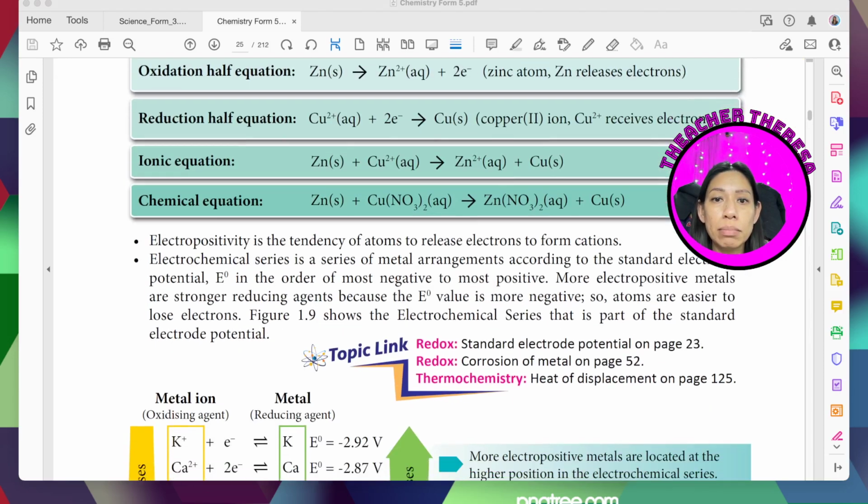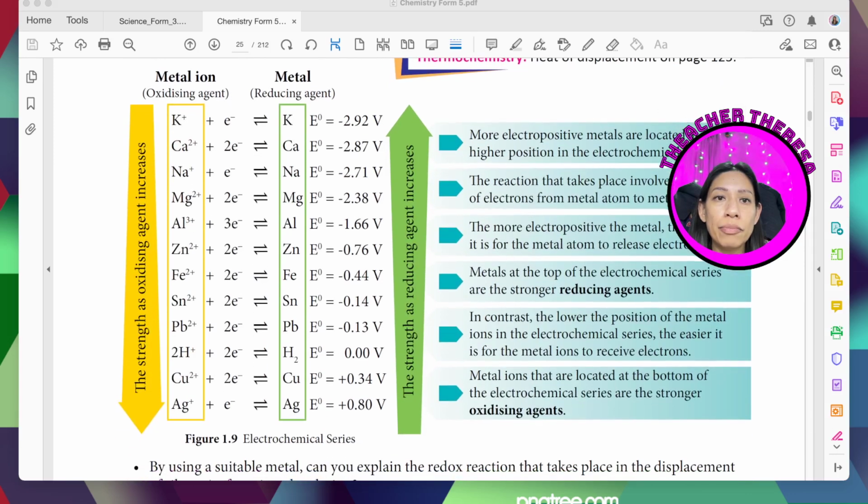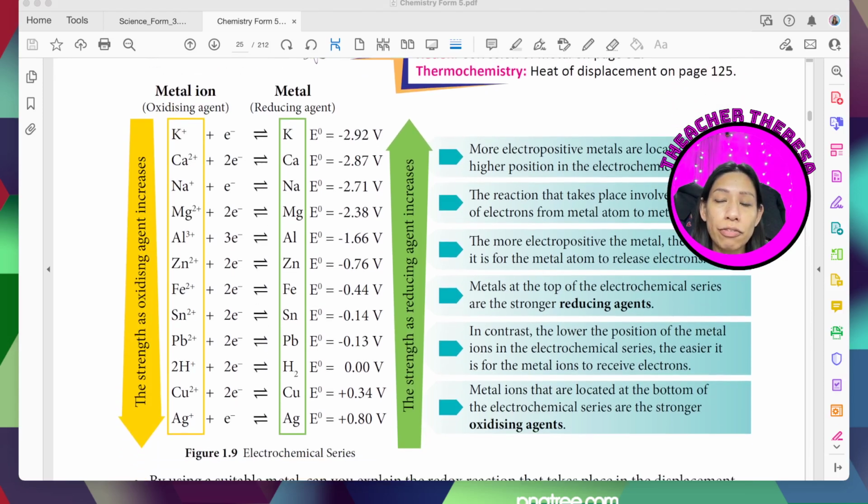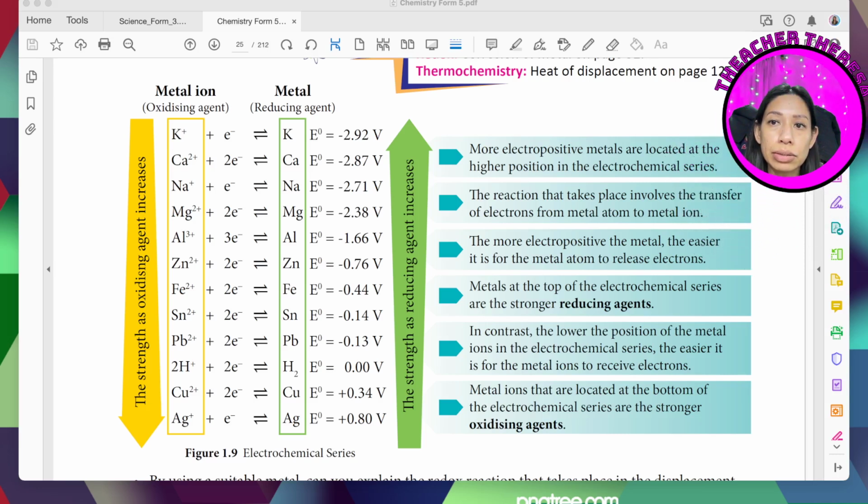What I mean by that is, when you have metals, their ability to become a positive ion is different. There are metals which become a positive ion faster or more vigorously, meaning vigorous in terms of reactivity.